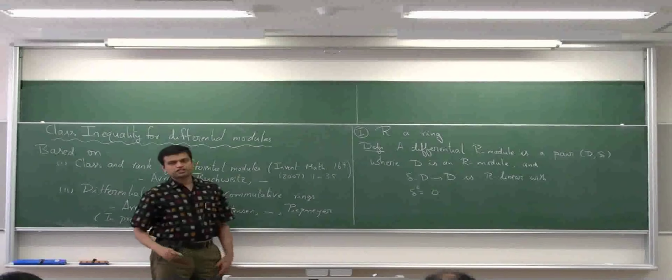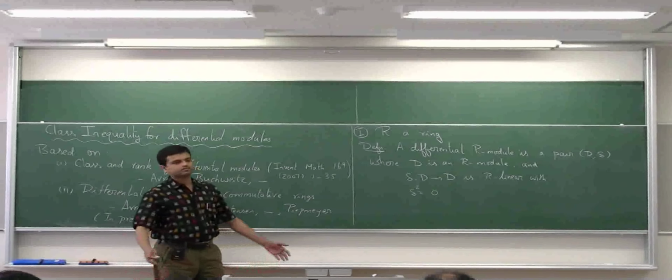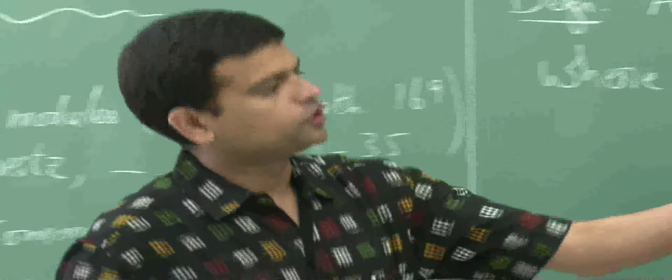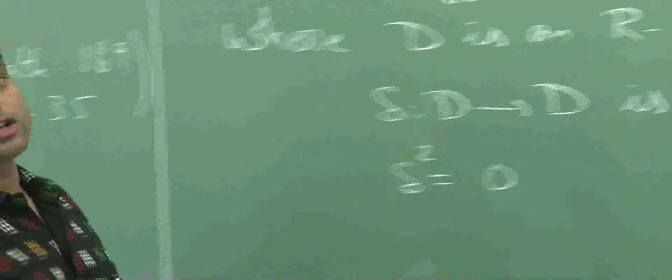So a differential module is nothing but a square 0 endomorphism of a module. Yeah? So it's a module with a square 0 endomorphism.